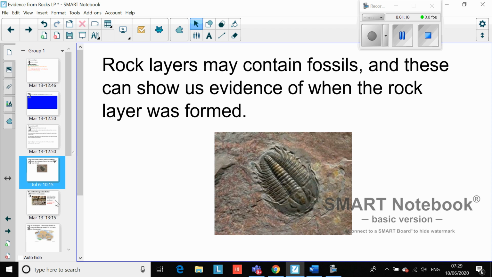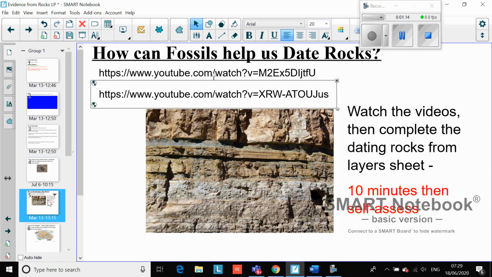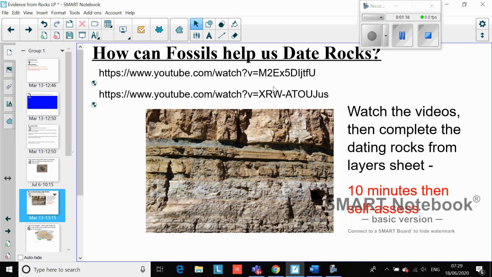Okay, so the first task that you are going to do today is in assignments, there are these two video links. I'd like you to watch the videos and then complete the dating rocks from the sheet. Okay, so here's what's going to happen. The videos between them are about 10 minutes, and then the sheet should take you approximately another 10 minutes to do.